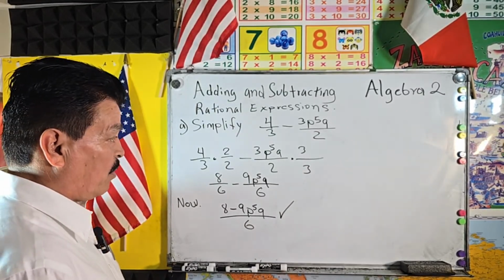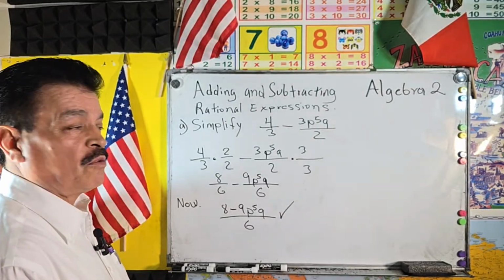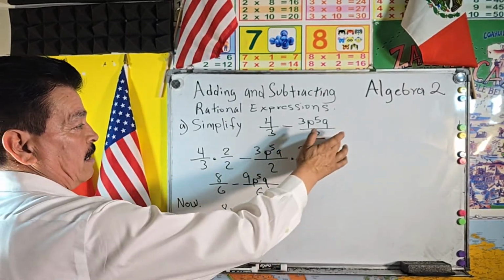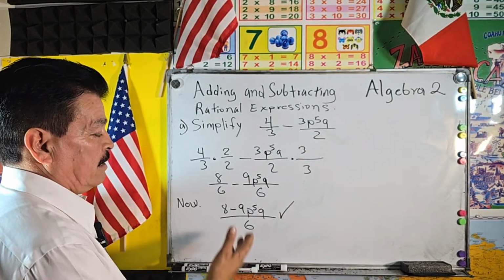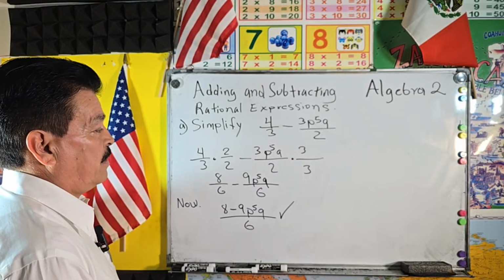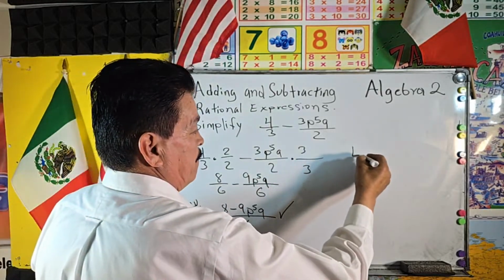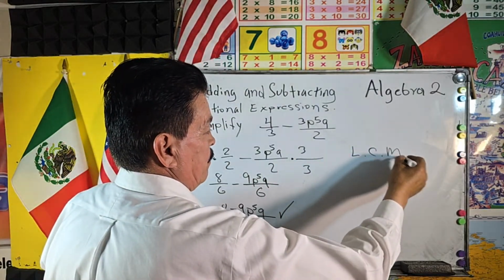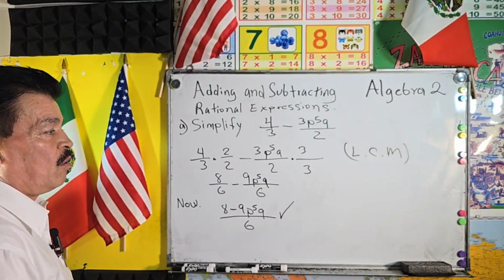When you have a problem, find the least common denominator, the number in the bottom, and then go through the process with your fractions. That's it. You must apply the least common multiple.